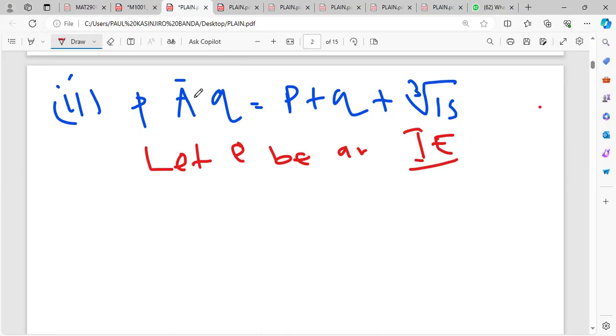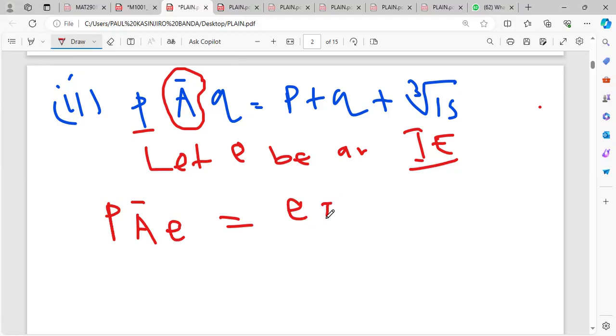So when I apply this operation, because this A with a bar on top is an operation, it's not an actual A, when I apply P and then this operation to the E, I should be able to get P. So P with this operation with E is equal to P. This is just the definition of an identity element.